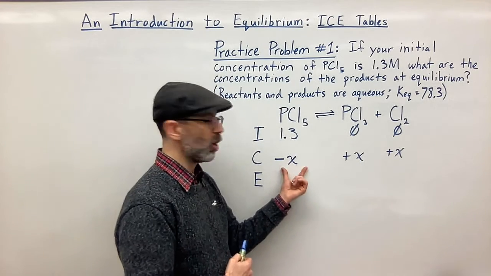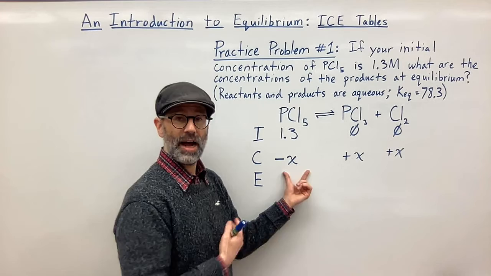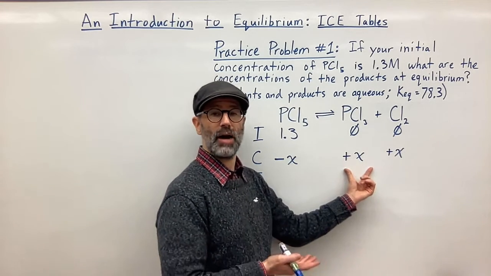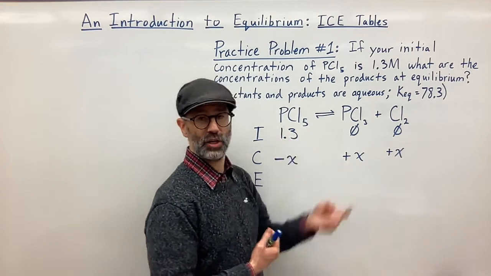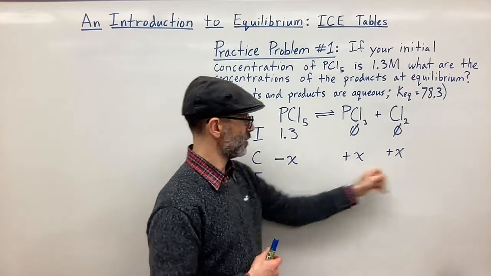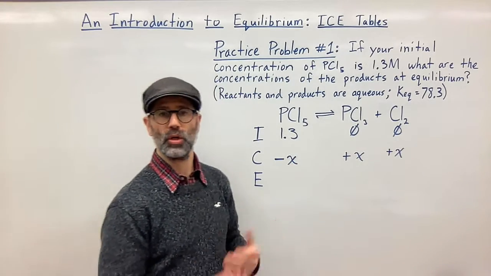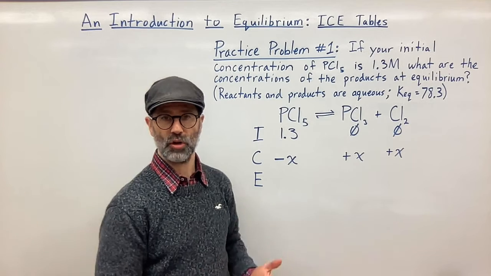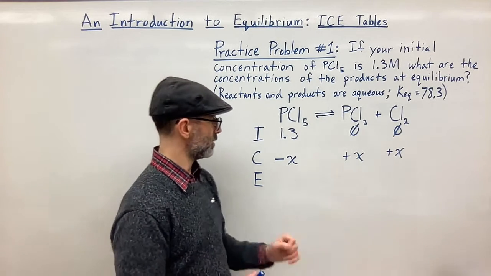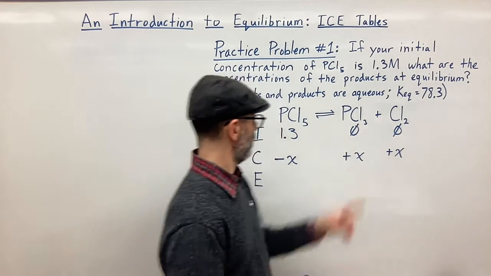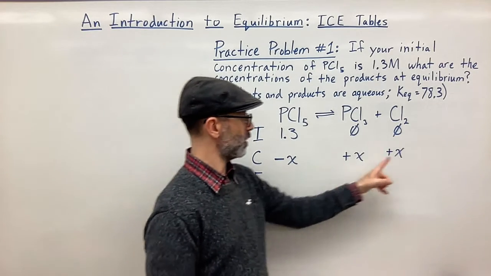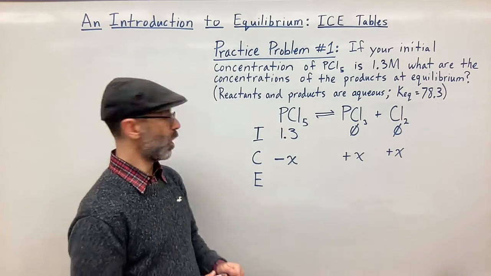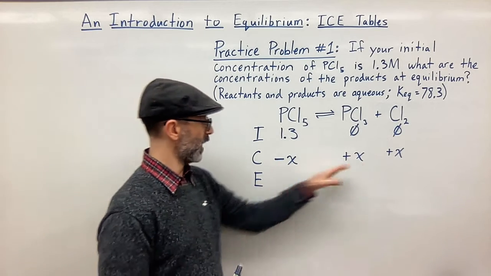Because for whatever amount I lose here, I'm going to gain double the amount here because of the mole ratio. So whatever your X's are, you have to use the same mole ratios or stoichiometric amounts for your X's. Since this is 1 to 1 to 1, then my X's are 1, 1, and 1. Okay, so now I have my change.